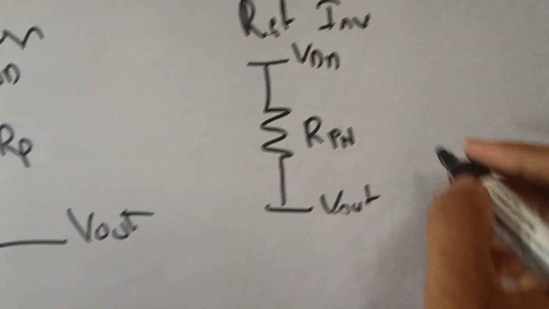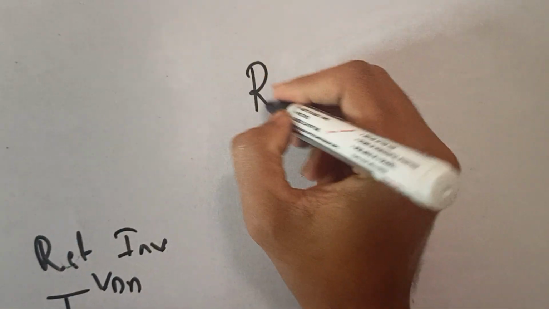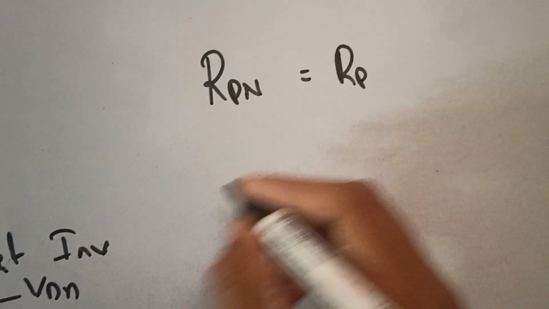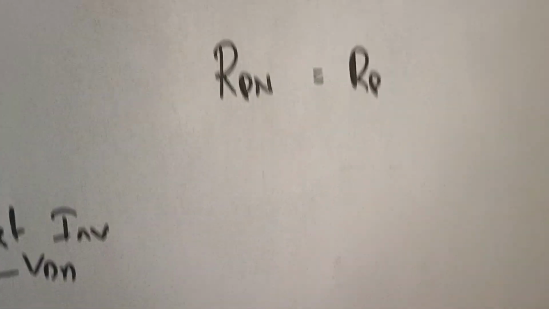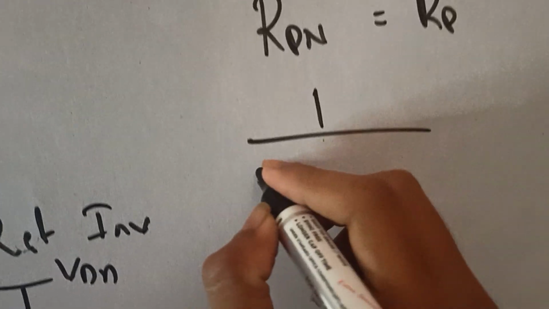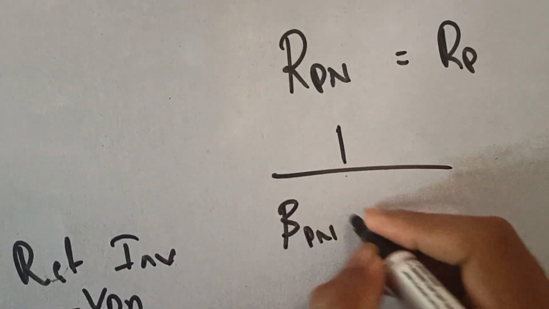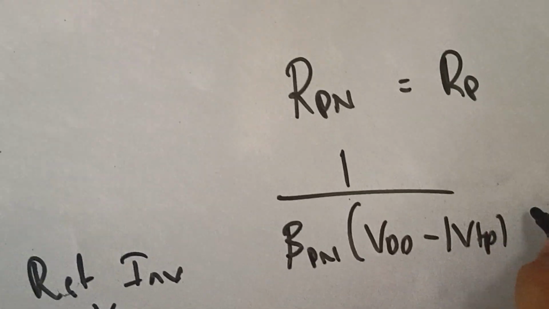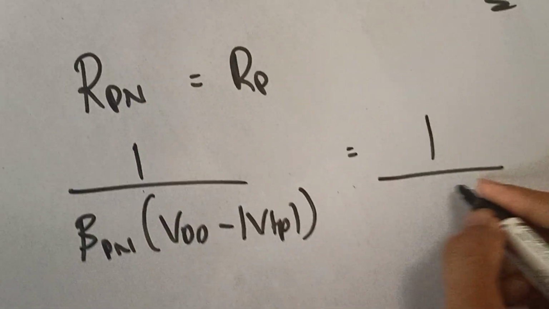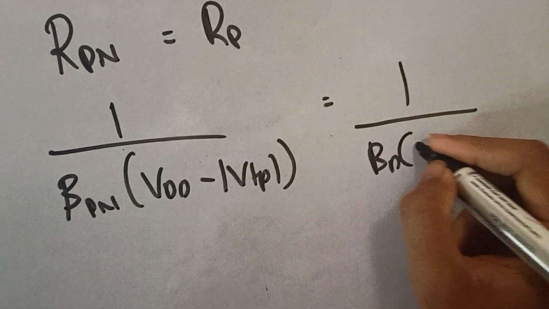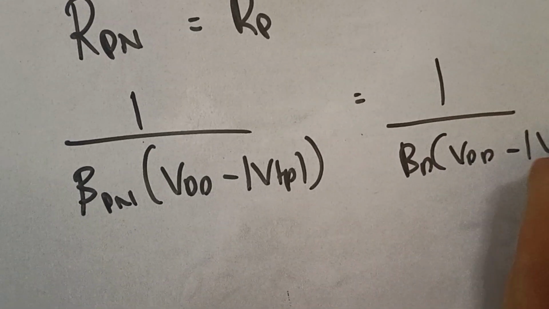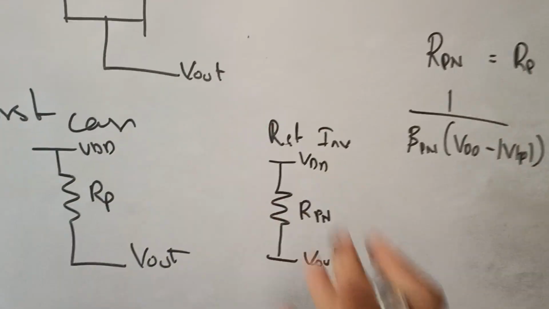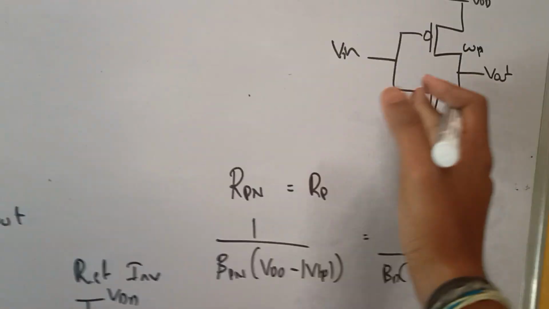Say both of them are equal, then we get RPN equals RP. We know the formula of RP is given by 1 divided by beta Pn times (VDD minus mod of VTP) equals 1 divided by beta P times (VDD minus mod of VTP). Let us consider both cases, that is, the NAND gate and the inverter.